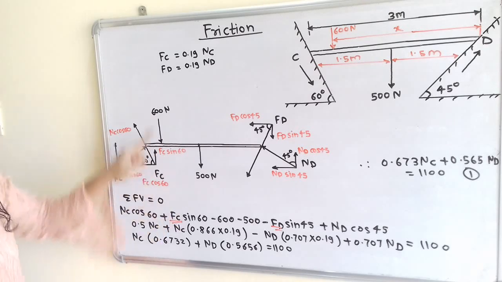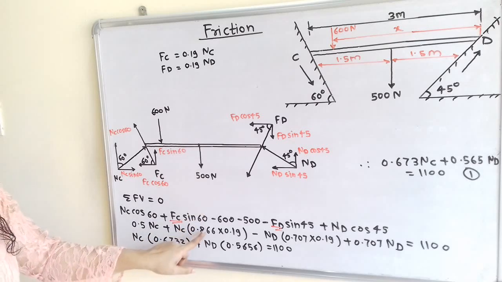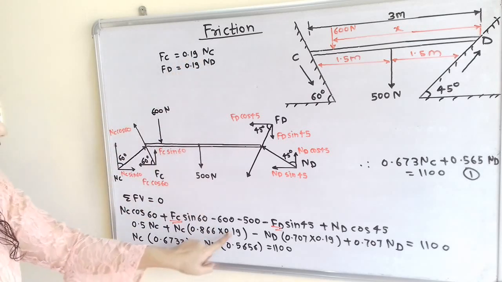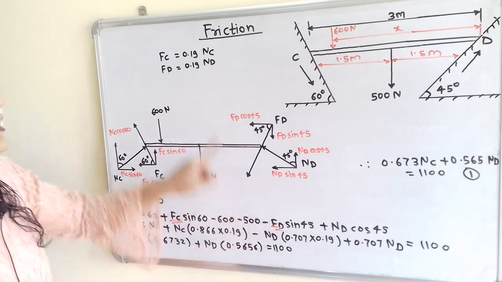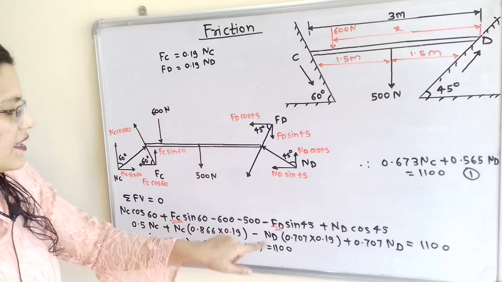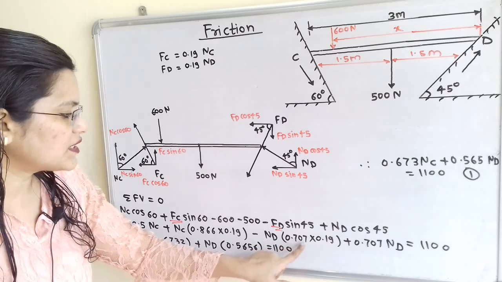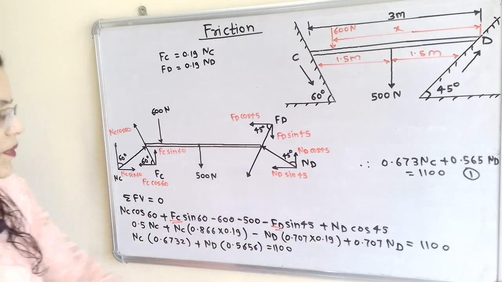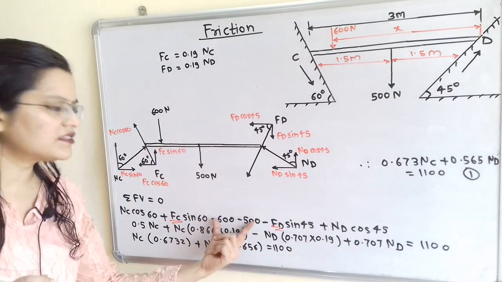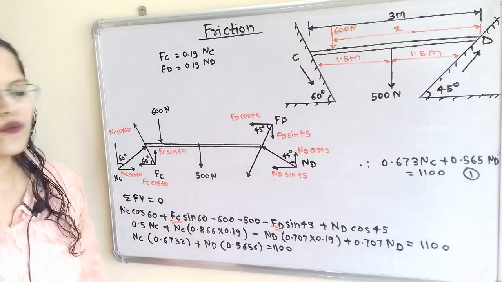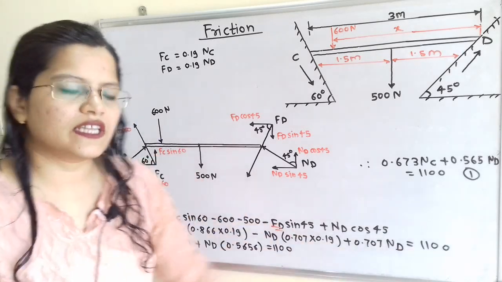Now instead of FC we write 0.19 NC, so sin 60 is 0.866 multiplied by 0.19 NC. Minus, now here FD, we write 0.19 ND and sin 45 is 0.707. So minus ND 0.707 into 0.19, plus here 0.707 ND is equal to, now these two minus terms are constant terms, we place them on the right hand side. So it will become plus 600 plus 500, that is 1100.